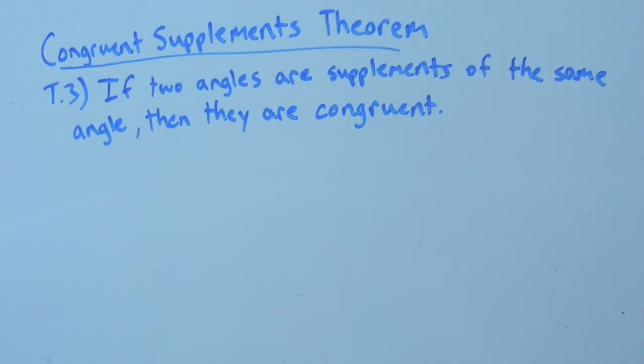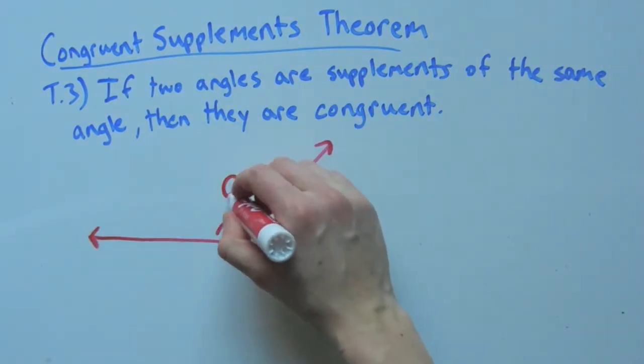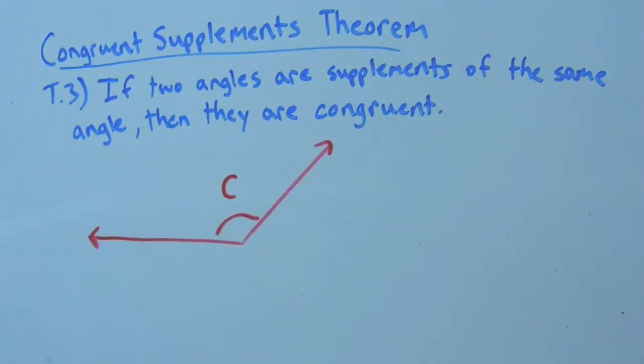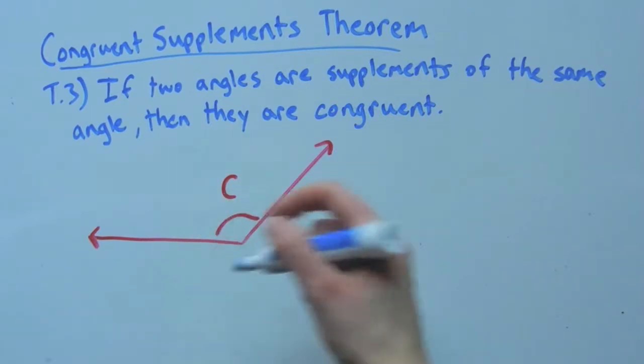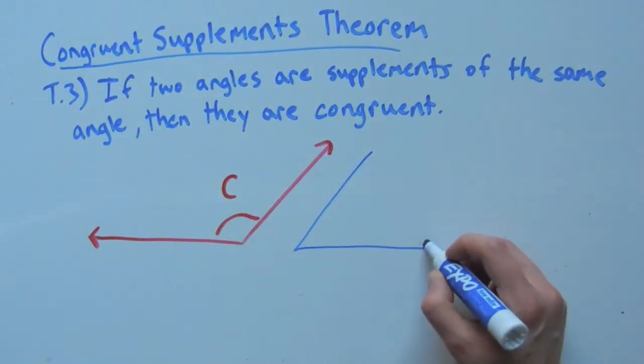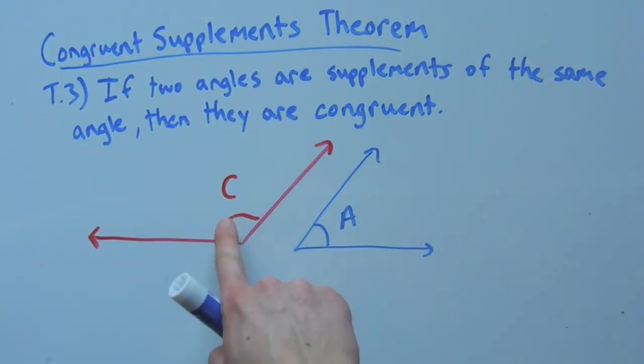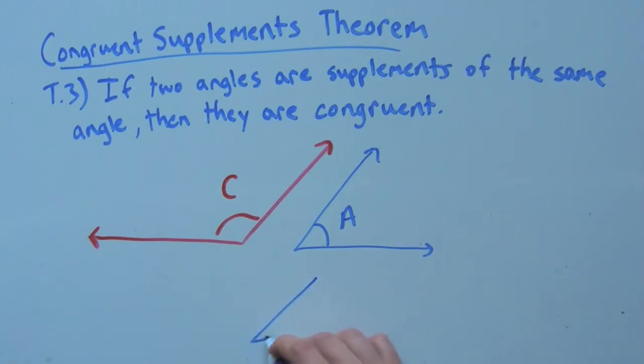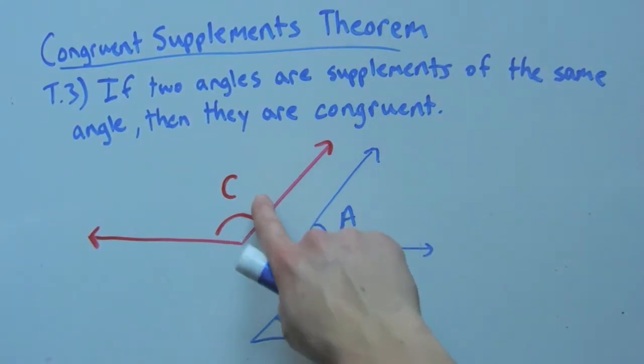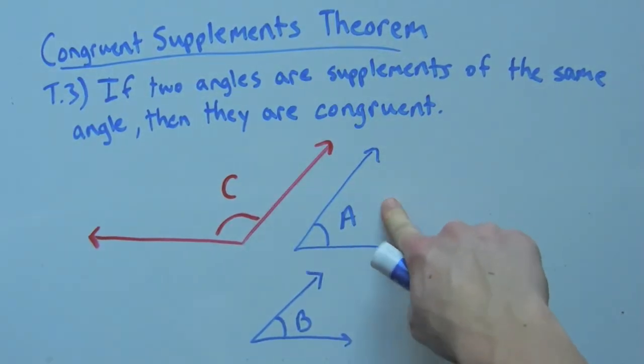Let's look at a picture of this so that we understand what the theorem is saying. Here I have some angle C. Angle A is a supplement to angle C. And angle B as well is a supplement to angle C. That means that A and C add up to be 180 and C and B add up to be 180.